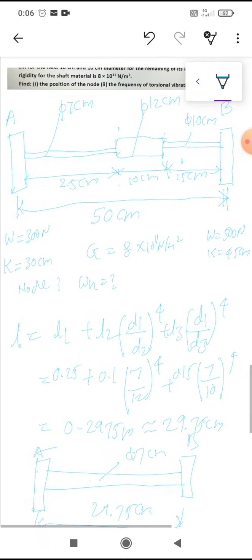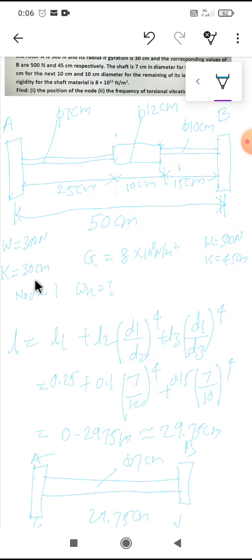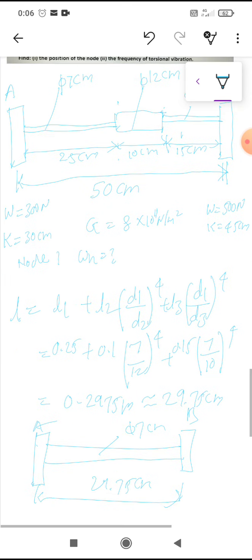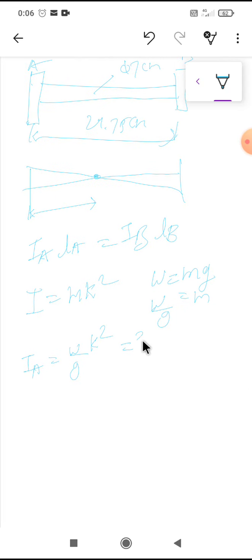That is 300 Newton and k is 30 centimeter, so 300 Newton into 0.3 meter square divided by 9.81, as we know that g is 9.81. So this IA we will get as 2.7523 kg meter square.